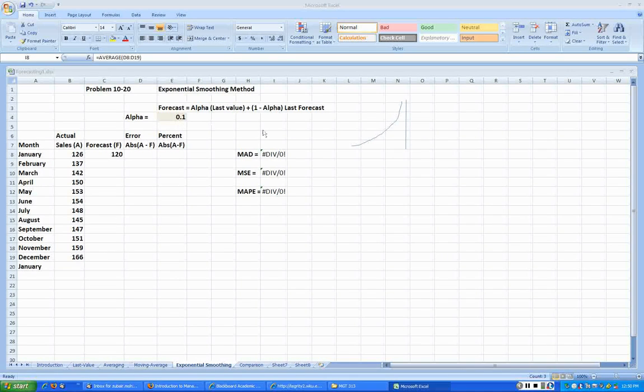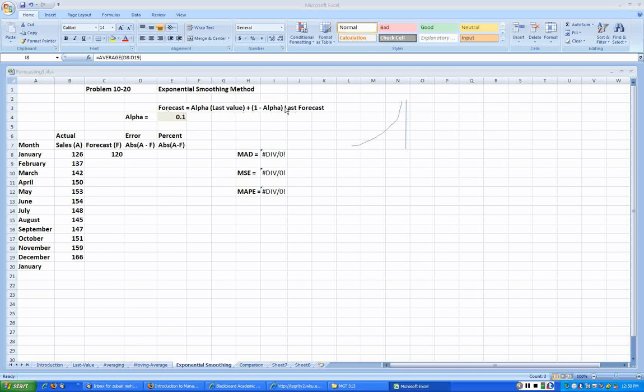Now if you look at it here, we can go back to the last value and last forecast. We can use the same formula. Instead of the forecast, we can put the last forecast, go back, and use the same formula.